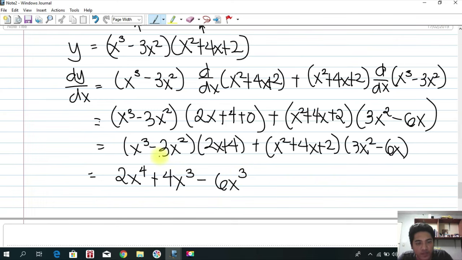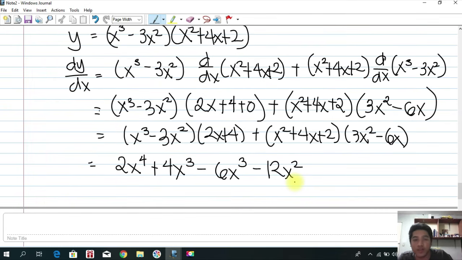And last, negative 3x squared times 4, that is minus 12x squared. So the computation gets long. Okay, so plus, that is actually not FOIL, but simply the normal computation for the product of these two functions.